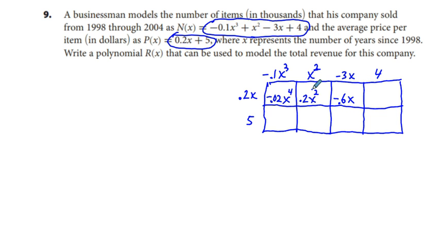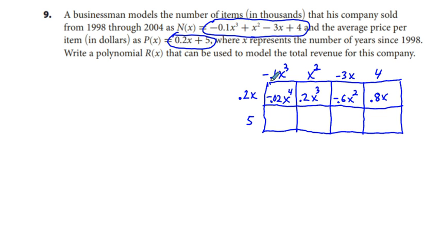Let's see this one here, x cubed. Make sure that this is 0.2x cubed. Next we have negative 0.6x squared. That's a good thing about this box method, you really check yourself out. 4 times 0.2x is 0.8x.